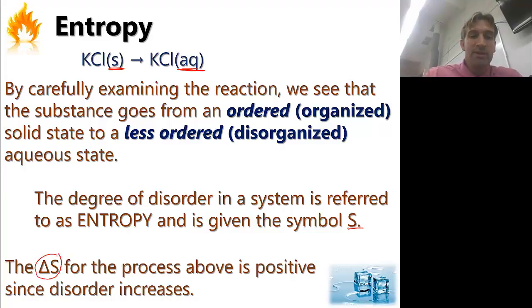We give that a delta sign to indicate a change in entropy. Well, since we're going from an organized state to a less organized state in this process above, what that tells us is we are increasing entropy. We have a positive delta S for this process, and that is going to be favorable in nature.